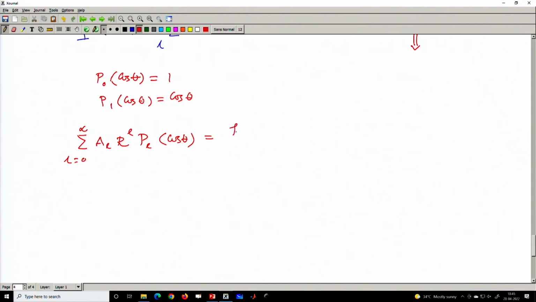So, I write it like k by 2, then P 0 cos theta, which is 1, and then minus P 1 cos theta.